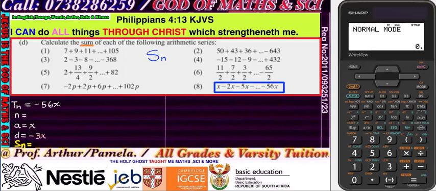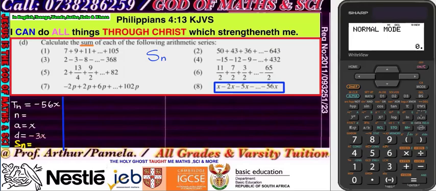Now we can use the formula that has the last term, the nth term formula, not the sum formula. All right, we know it off by heart.